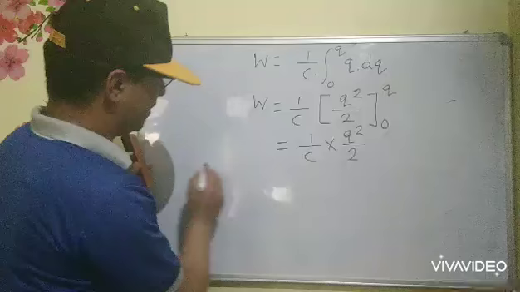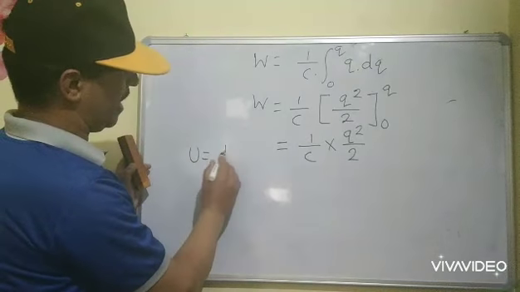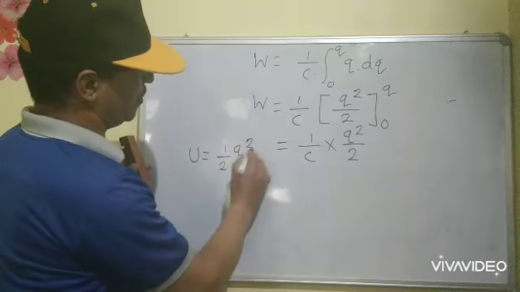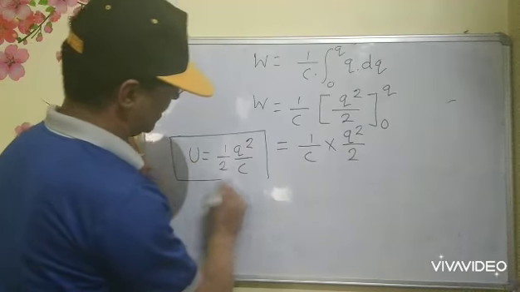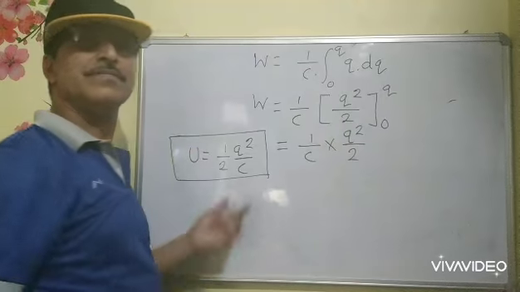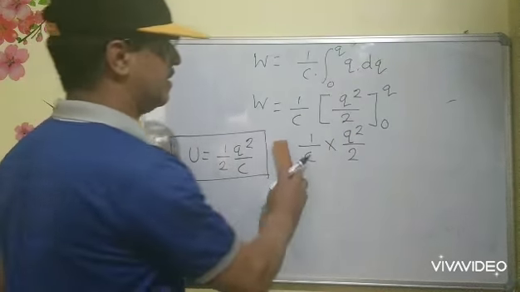So we can write the electrostatic potential energy of a capacitor U is equal to half Q square upon C in terms of the charge and its capacitance. This is one expression for the potential energy stored by the capacitor.